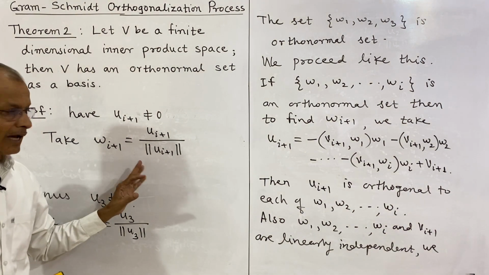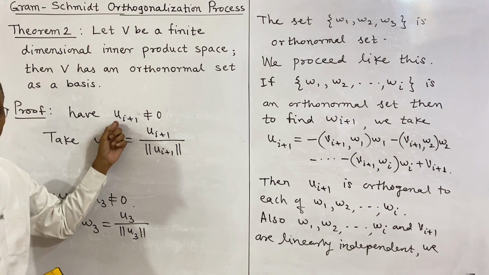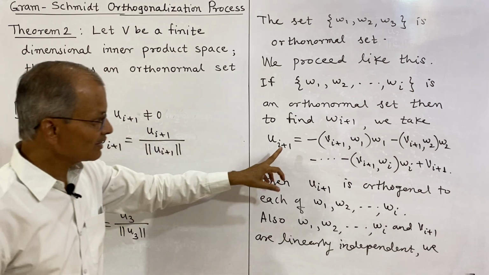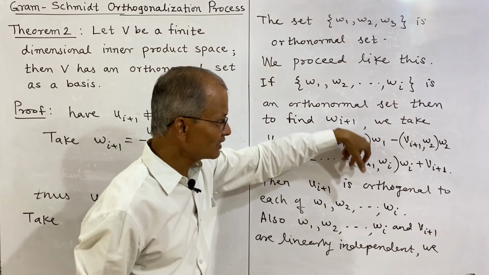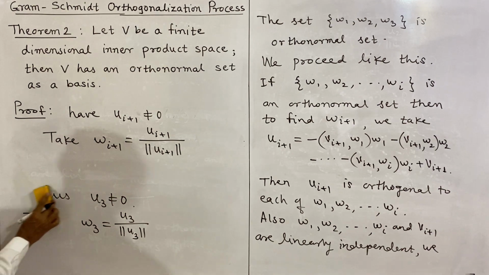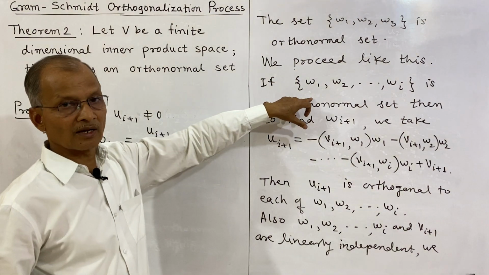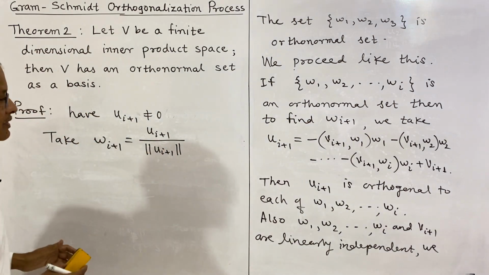So, every time we are verifying that this is not equal to 0. Why is this not equal to 0? Because the right side vectors are linearly independent, and thus this is the next vector in the procedure to obtain n vectors. So, we proceed like this.